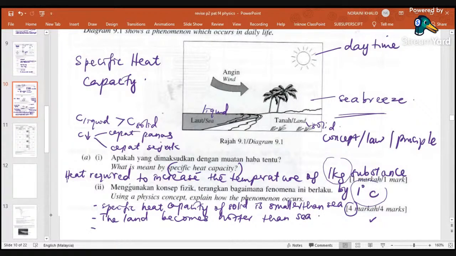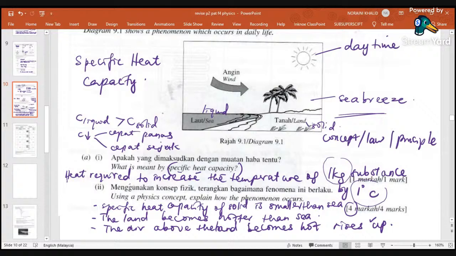Okay, the air above the land becomes hot and rises up.